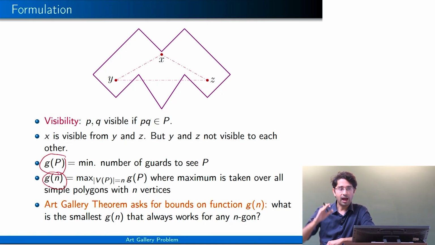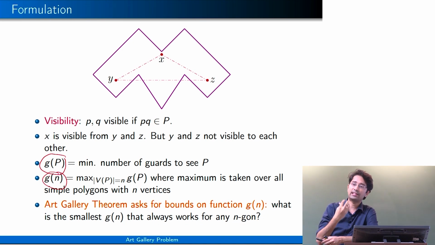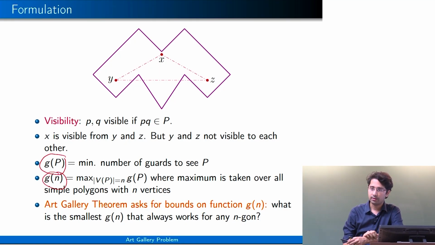I am taking the maximum of this value, and I am trying to asymptotically bound it: you give me any polygon of size n, there exists a function f of n such that that many guards are always sufficient to guard any polygon of size n. Clear? Doubt? Okay. So, you would like to find the asymptotic bound on this number.